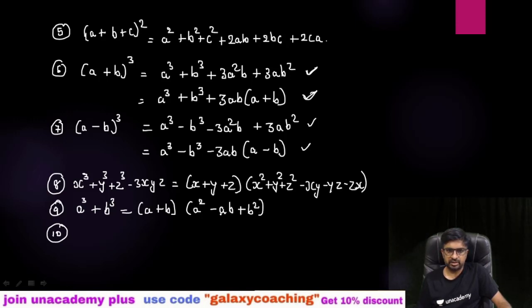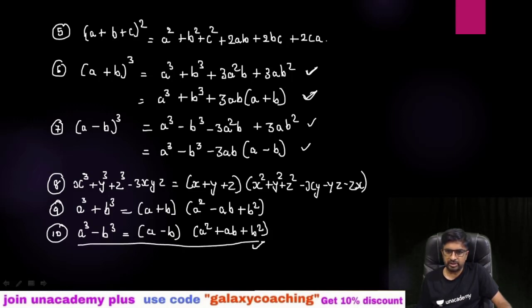When plus is there, only at this place you need to give minus, and when minus is there, a cube minus b cube, at that time you need to write a minus b into bracket a square plus ab plus b square. So this is your identity number 10.